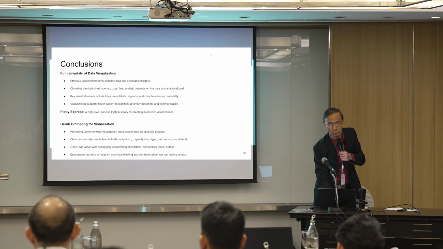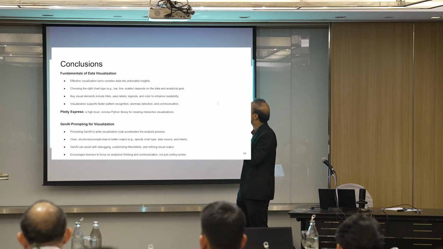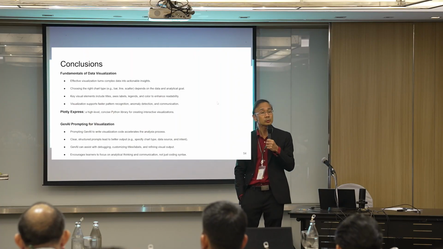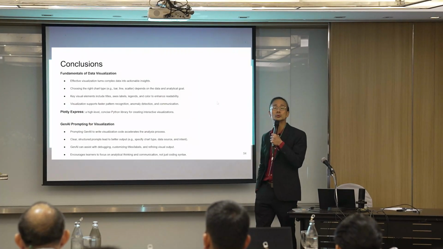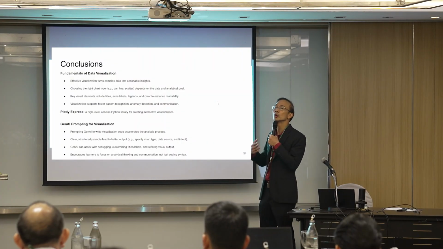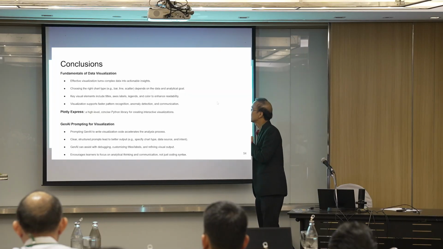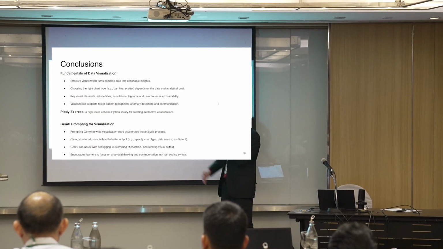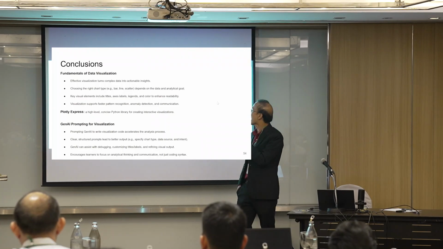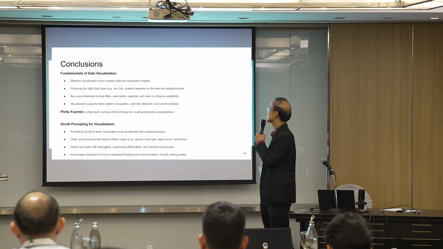In conclusion, for this topic, we talked about some fundamentals of data visualization, some effective visualization, and some pre-attentive attributes that we should focus on in order to convey information to viewers so they know what we want to present. And we explored Plotly Express, which is a high-level, concise Python library for creating interactive visualizations. We tried some of this a little bit.